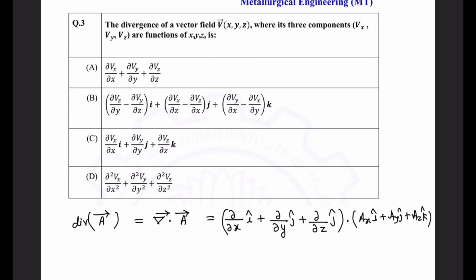So which option would you get? See, divergence is not a vector, it is only a scalar quantity. So option A would be correct, and D is del square.